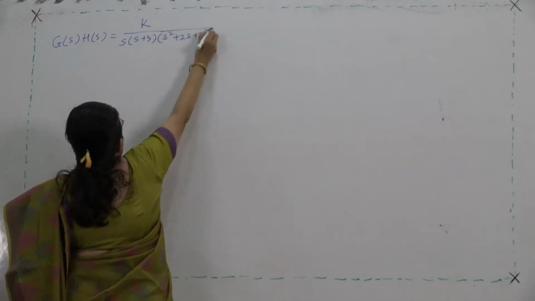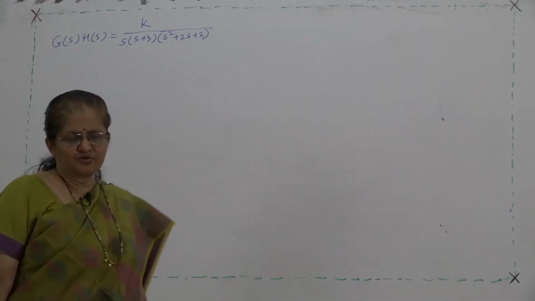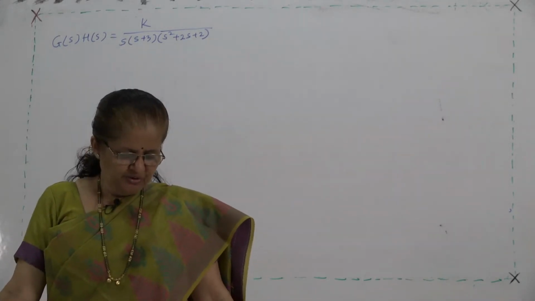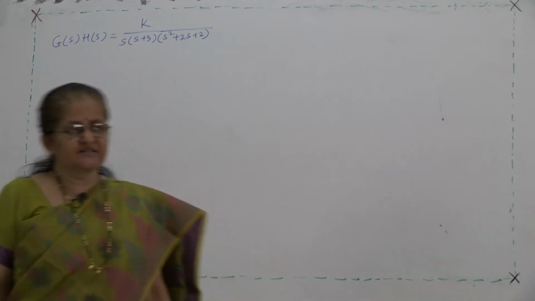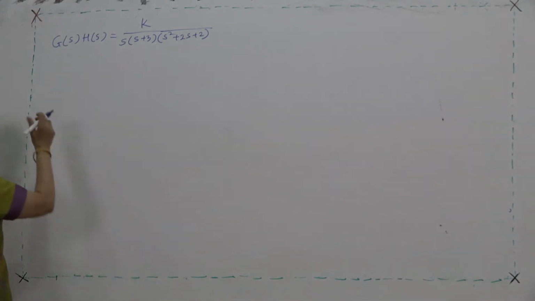This open loop transfer function is given. The question is, draw the root locus as K is varied from 0 to infinity. So, step by step we will do it by applying all the rules.